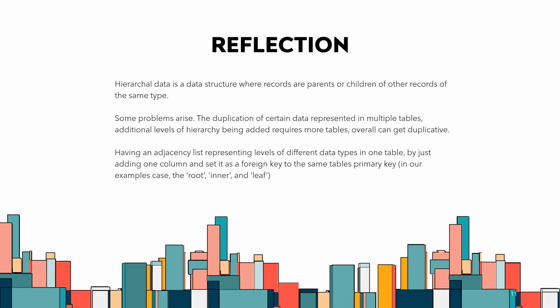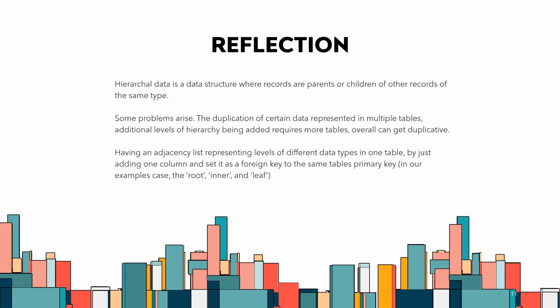To give a quick reflection of our SQL work, hierarchical data is a data structure where records are parents or children of other records of the same type. Some problems arise though. The duplication of certain data represented in multiple tables, and additional levels of hierarchy being added, require more tables and overall can get duplicative.